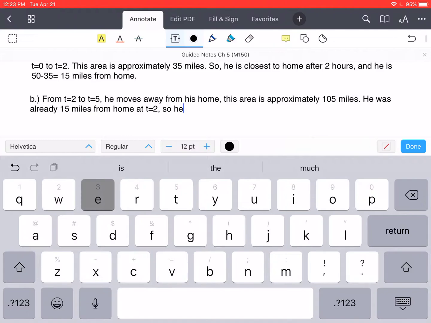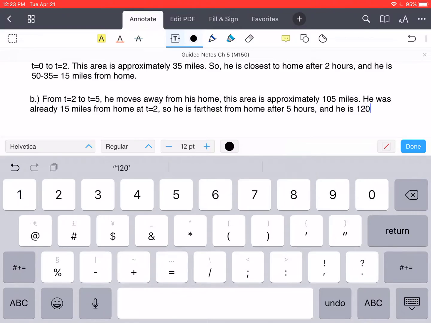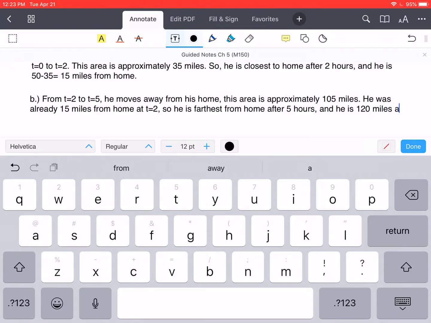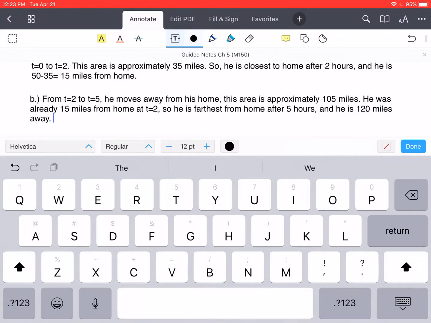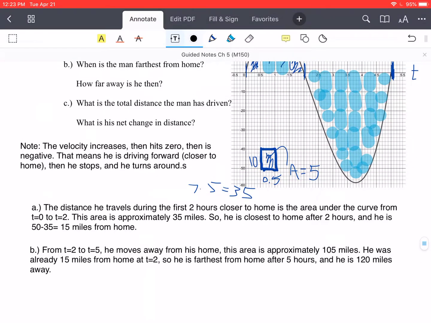So he is farthest from home after 5 hours. He is 105 plus the 15 he already was, so he is 120 miles away. So he's furthest from home after 5 hours, and he's 120 miles away from his home.